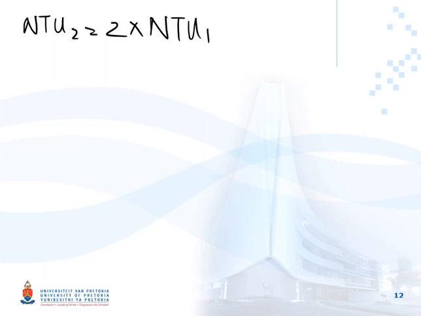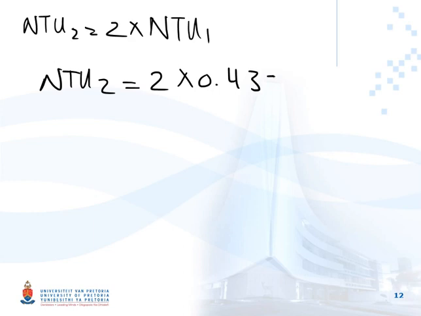So NTU 2, the value that we need, is 2 multiplied by 0.433, equal to 0.866.